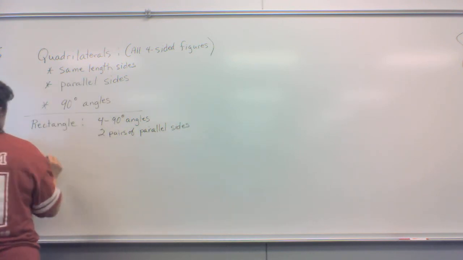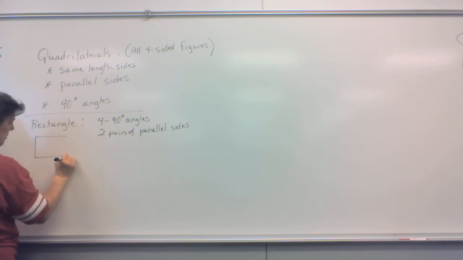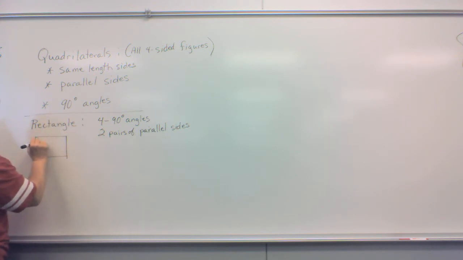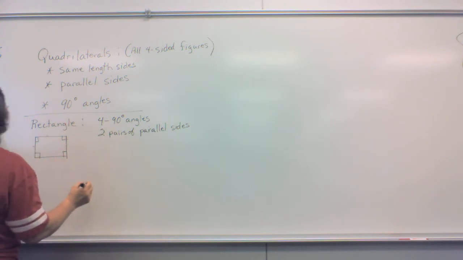So in other words, a rectangle: here's your 4 90-degree angles, 1 pair of parallel sides, the second pair of parallel sides. So you have 2 pairs of parallel sides.